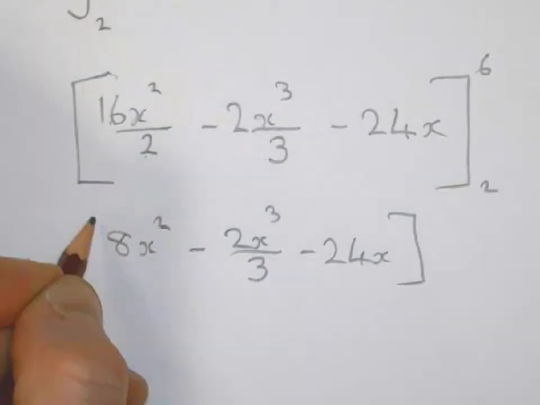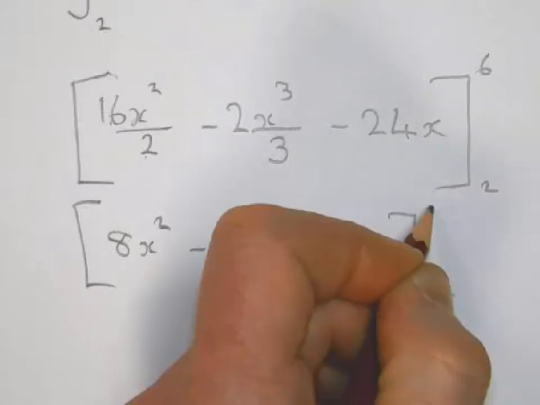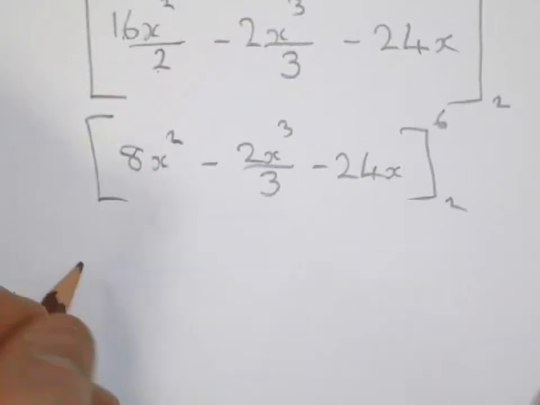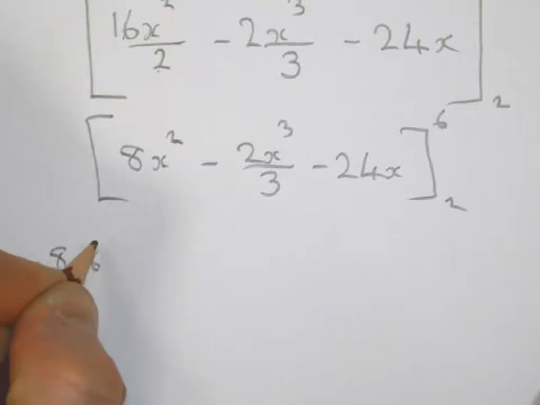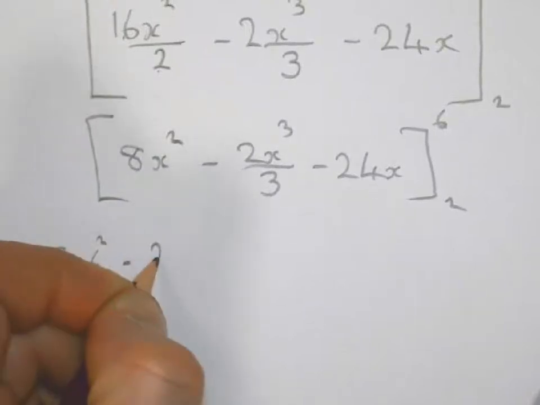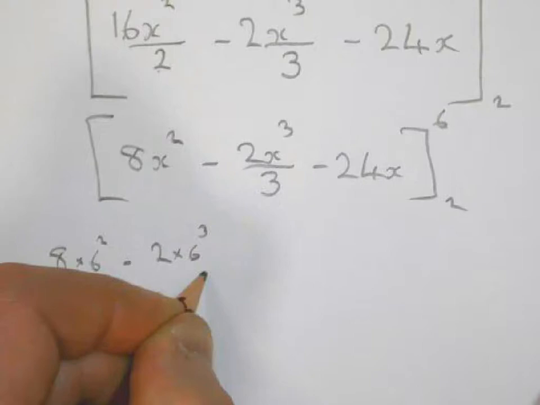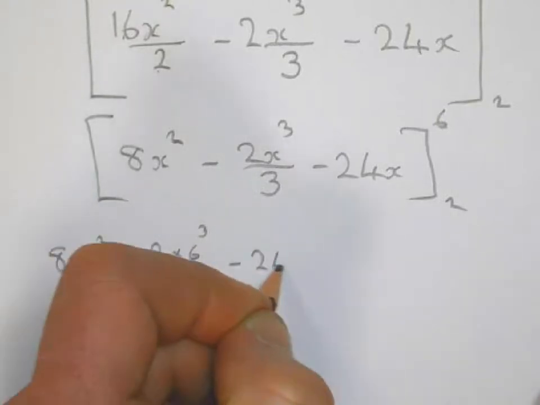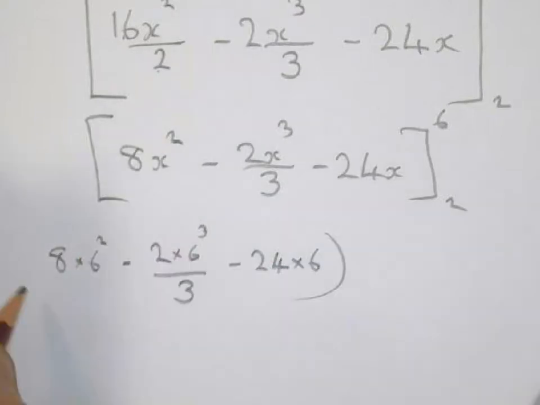Now we're ready to put the values into the brackets. So first of all, let's put the 6 in. So we're going to write down 8 times 6 squared minus 2 times 6 cubed divided by 3. Take away 24 times 6. That's our first bracket sorted out.